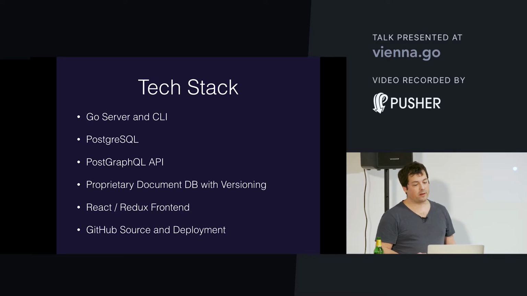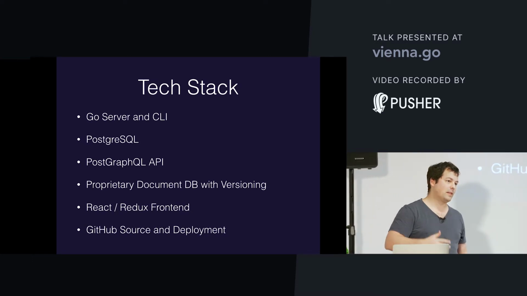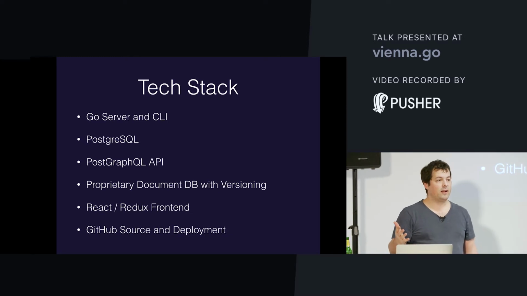We have a proprietary document database with versioning. As I said, we are into accounting, and the most important thing here is to never lose anything and always be able to prove that this document has been delivered that way, has been changed, and all this stuff.